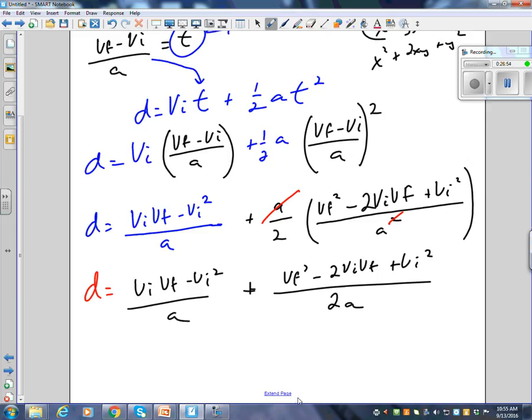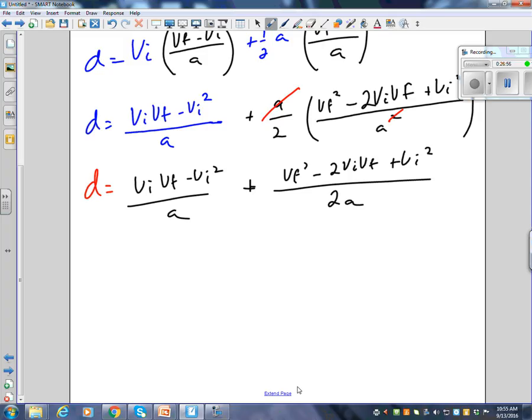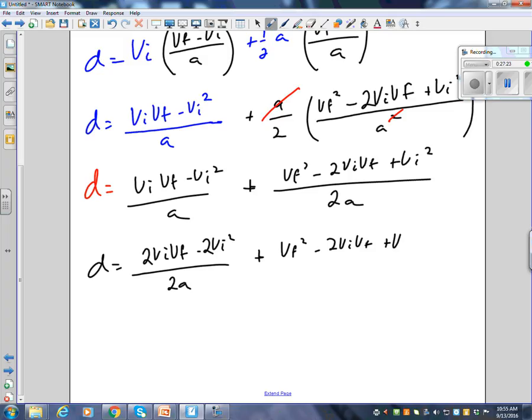Awesome. Okay, so, well done. So top and bottom by 2. So this is going to become 2 Vi Vf minus 2 Vi squared all over 2A. And what happens over here, Renee? Anything? So unfortunately you have to rewrite it, which sucks, but Vf squared minus 2 Vi Vf plus Vi squared all over 2A.